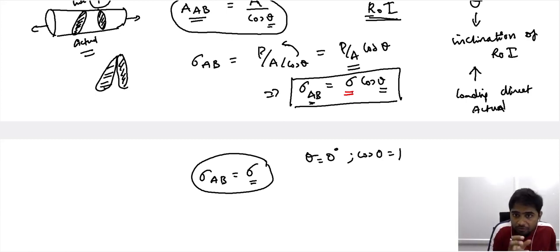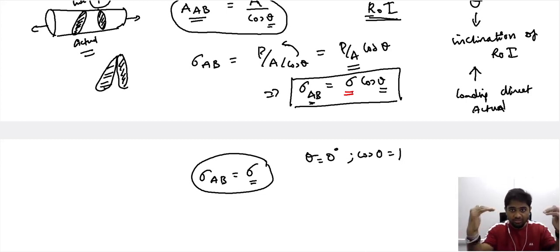The resistance offered by the material, the stress experienced by the material, is a fraction of the stress the material would have otherwise experienced under the test loading condition. So when you incline the loading condition away from the test loading condition, the amount of stress that you impose on the material is a fraction of what you would have imposed had you been along the test loading condition.